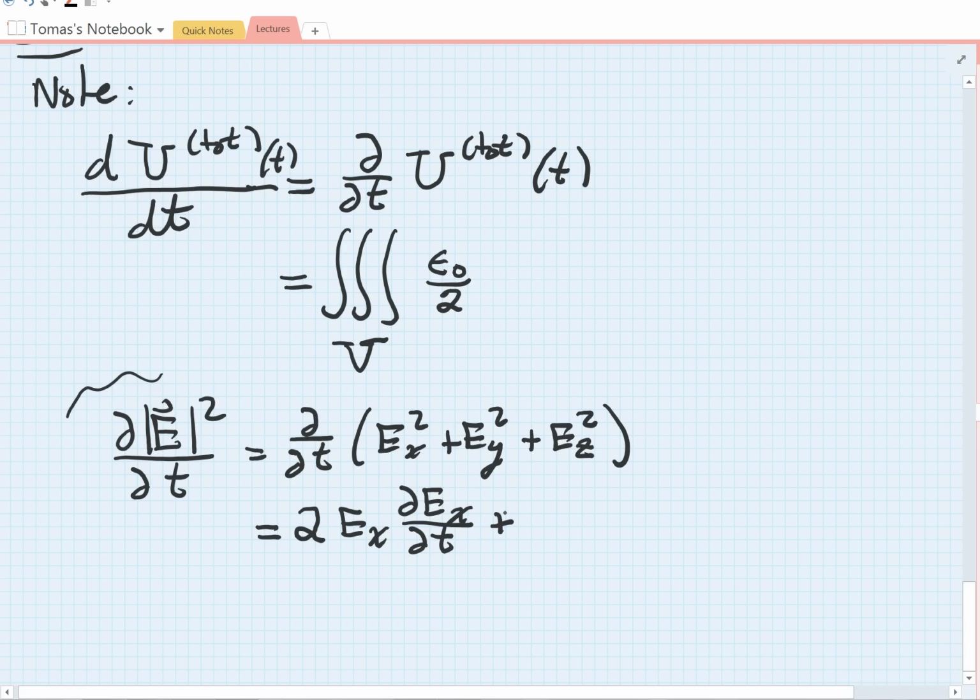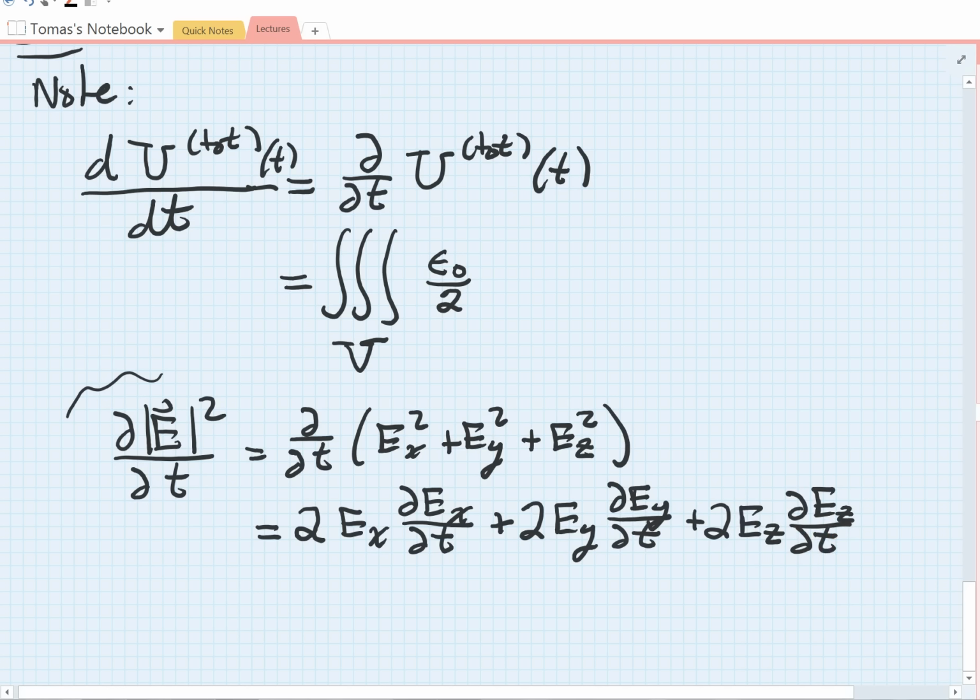Plus the second term, the time derivative of this, is twice the y component of the electric field times its derivative by the chain rule, dEy/dt. And then, of course, there's the third term, which is the same, 2Ez times partial of that z component with respect to time t.